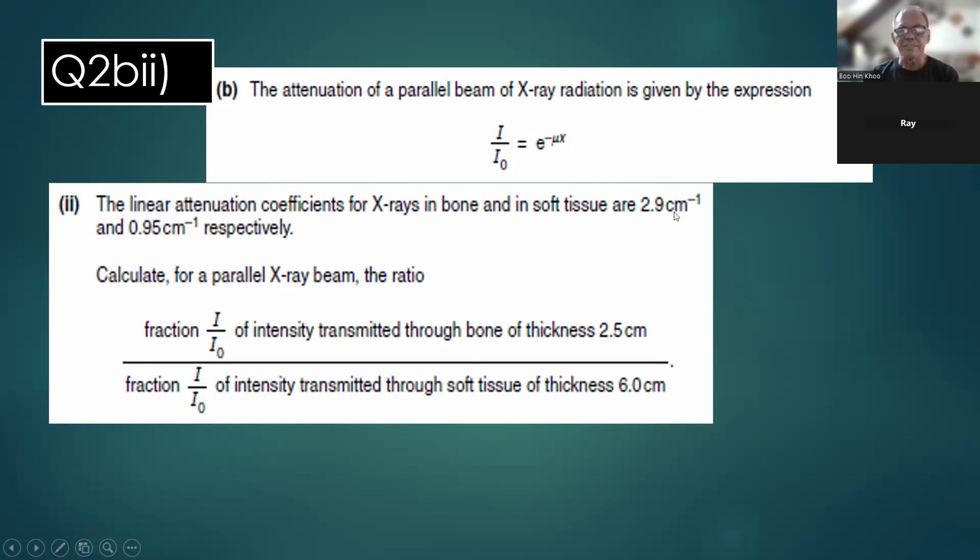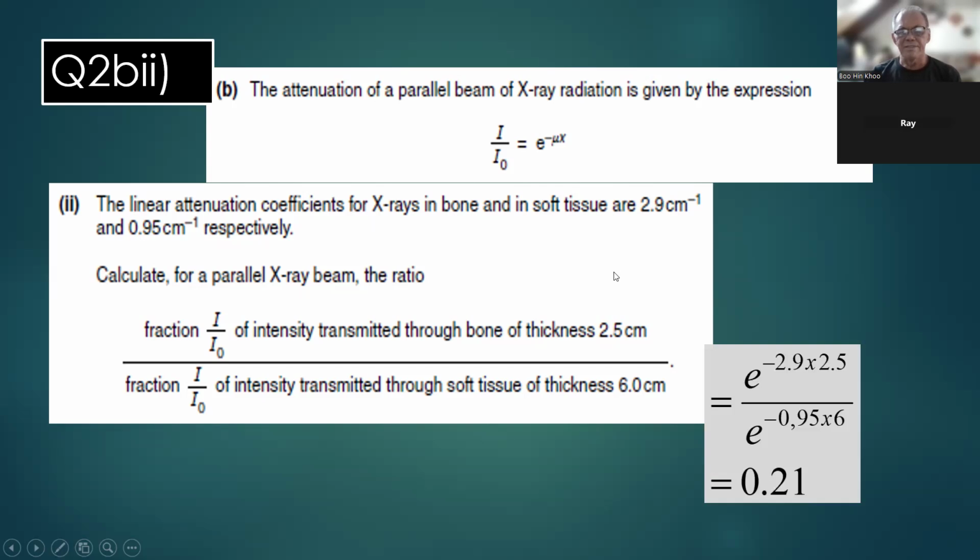This is per cm, so no need to change. Just use this formula. For bone, there's a thickness and an attenuation coefficient. Just use this formula, that's all.